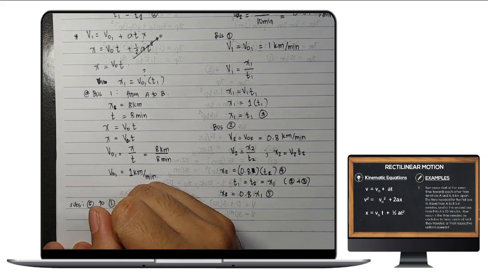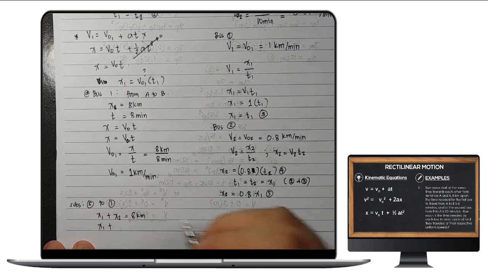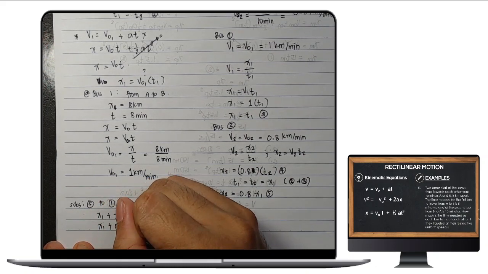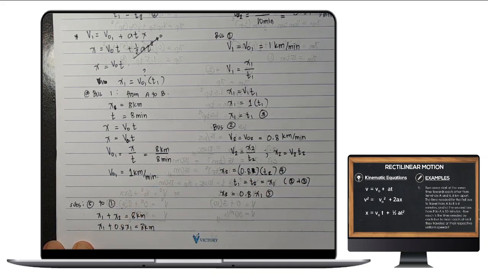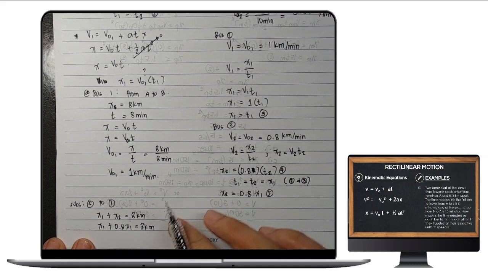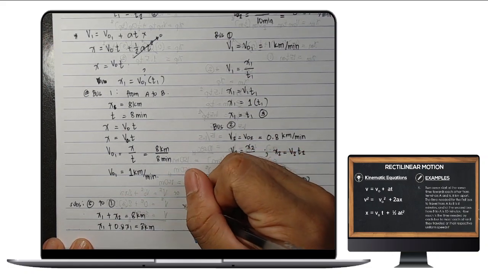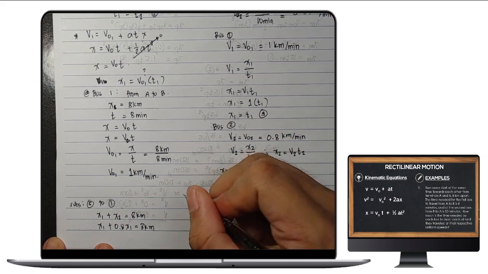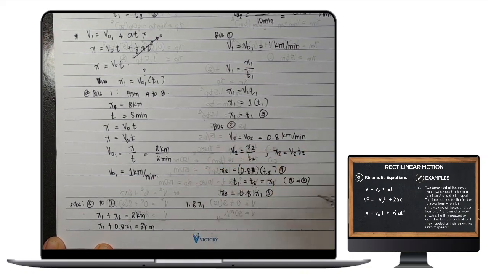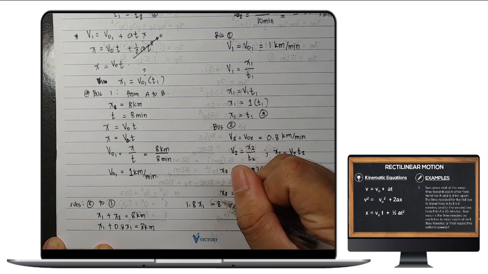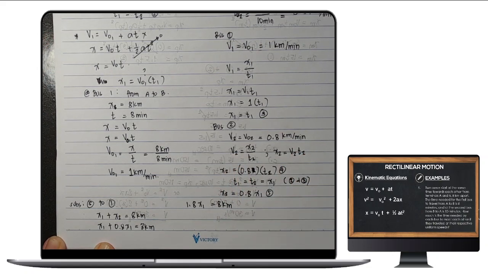Then we said that x sub 2 is equal to 0.8 of x sub 1. So we have x sub 1 plus 0.8 x sub 1. So that is 1.8 x sub 1 is equal to 8 kilometers.